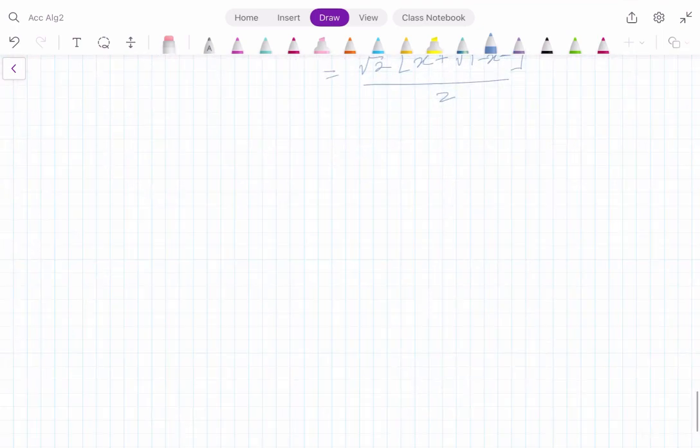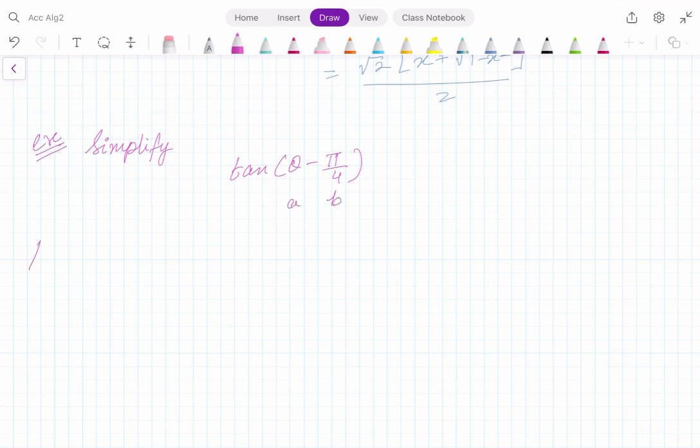Okay, sorry about that. Let's take one more example. This time, they are asking you to simplify. Let's take tangent. So this is the example for tangent A minus B. What is the rhythm? In the numerator, it will be tangent A minus tangent B, but in the denominator, negative will become positive and they are multiplied.